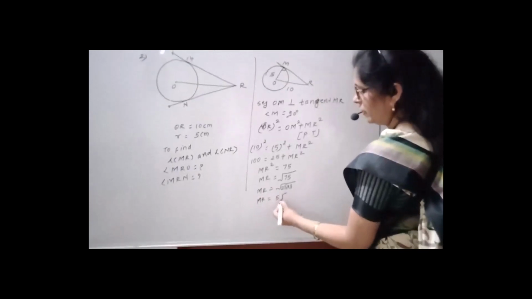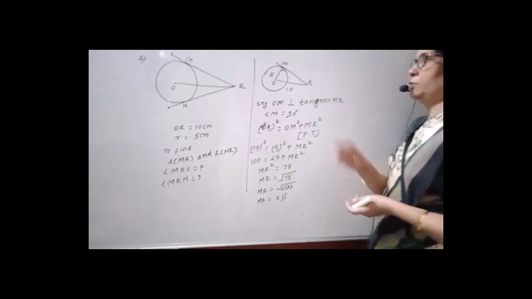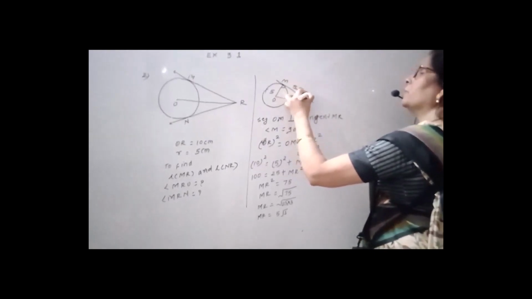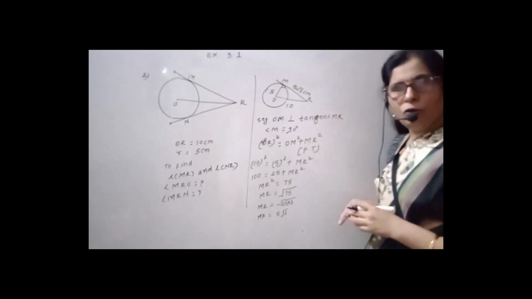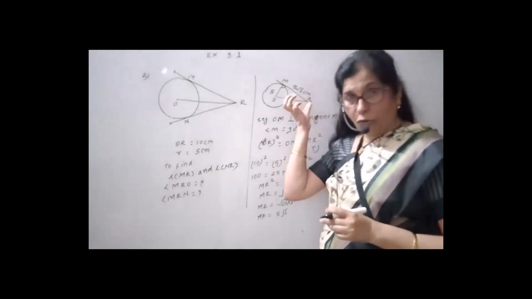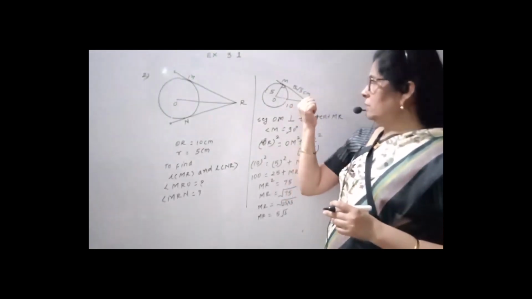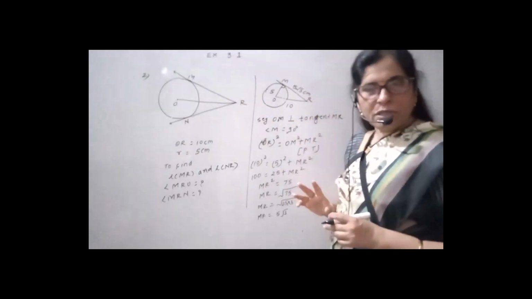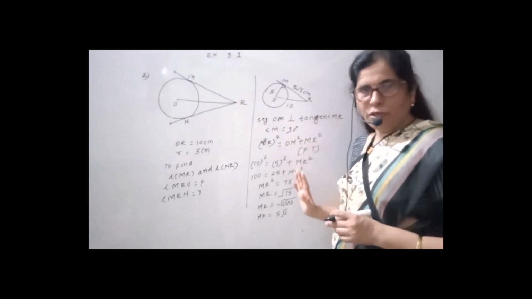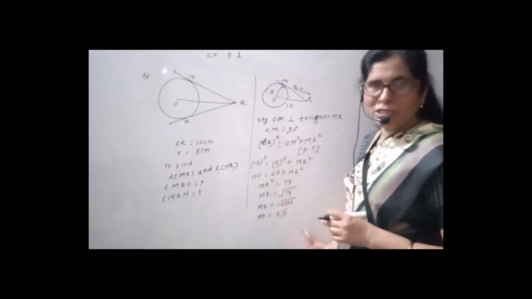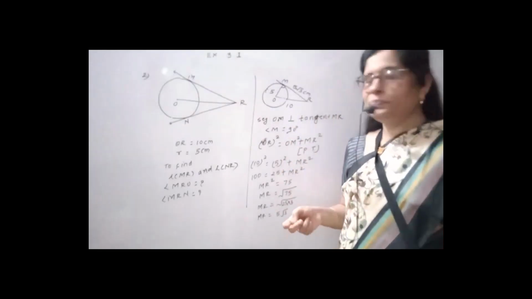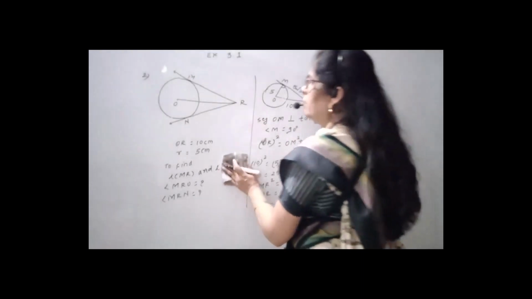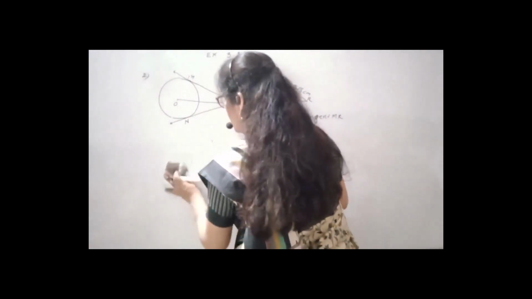MR is 5 root 3. So what is the value of MR? It is 5 root 3 centimeter. We can find the value of MR by using trigonometric values, sin theta, cos theta, etc. We can use the 30, 60, 90 theorem also here, but I have used the Pythagoras theorem here. Now, here I get the value of MR. MR is 5 root 3 centimeter.